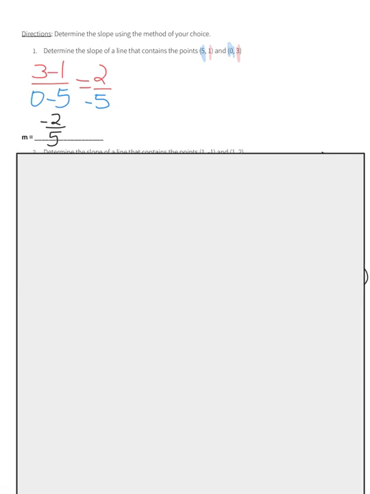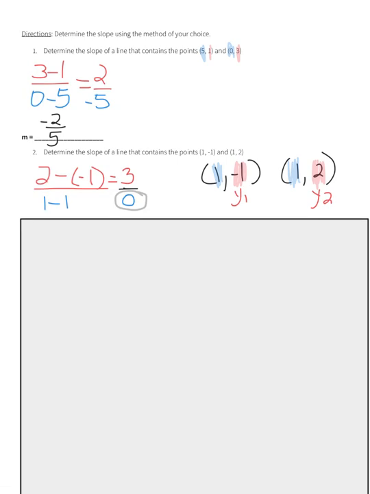Okay, hopefully you had a chance to try these on your own and you got the same as me. The first one, change in y over the change in x, we end up with 2 over negative 5, so the slope is negative 2/5. Next one, our change in y, so we have 2 minus negative 1. Remember, when you subtract a negative, you're actually adding.